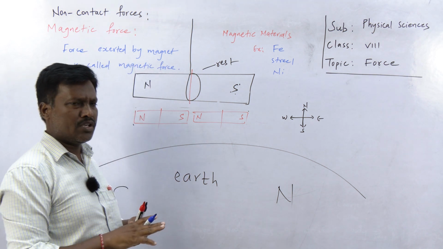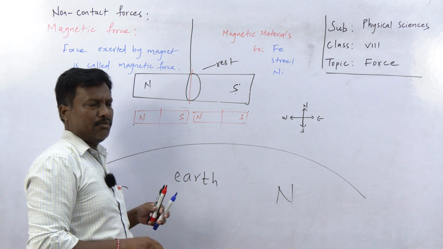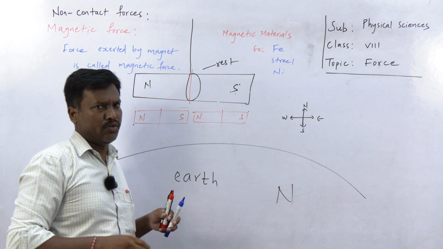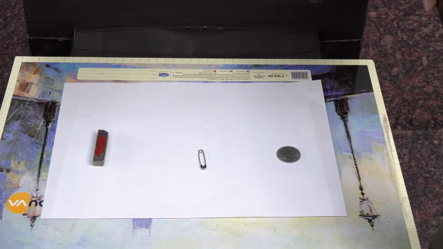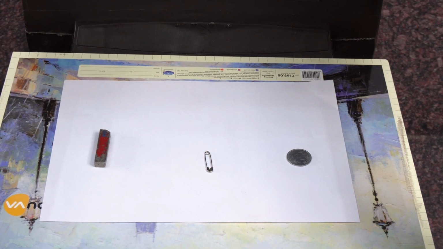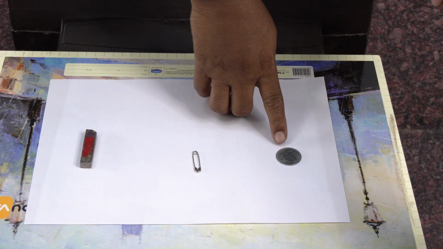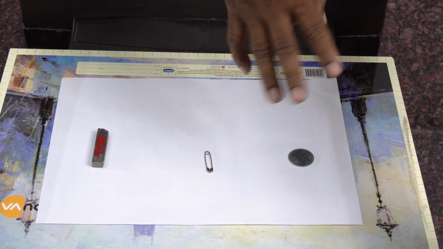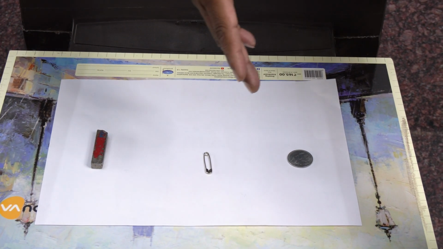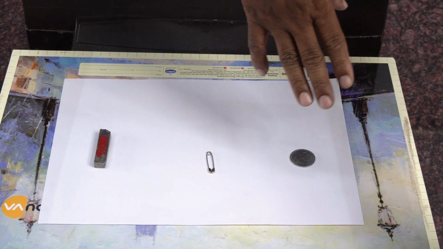Now we are going to discuss more about magnetic field and magnetic force lines. Okay children, now we are going to do an experiment to understand magnetic force. This is a coin. It is a ferromagnetic substance. There are three different magnetic substances: dia, para, ferro, which we have discussed in the video.